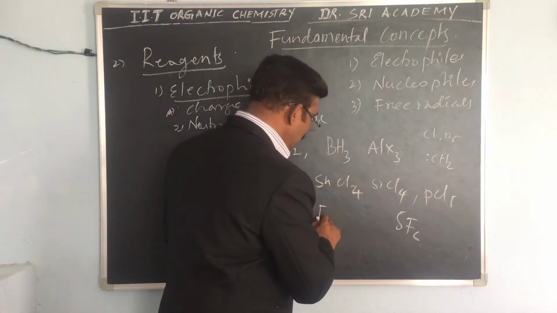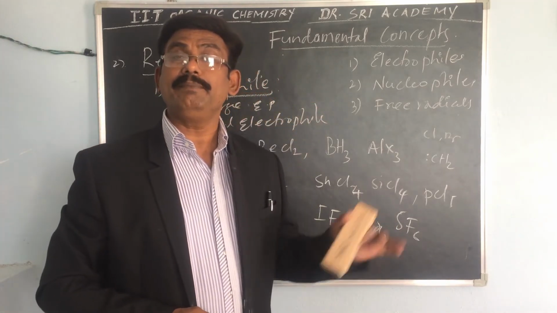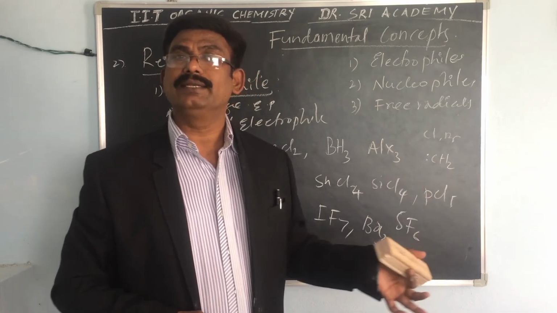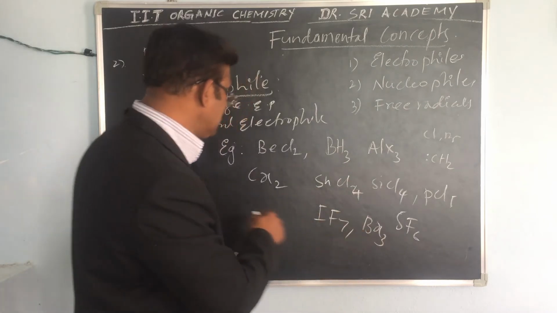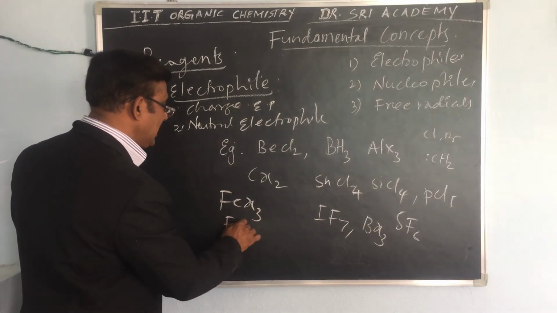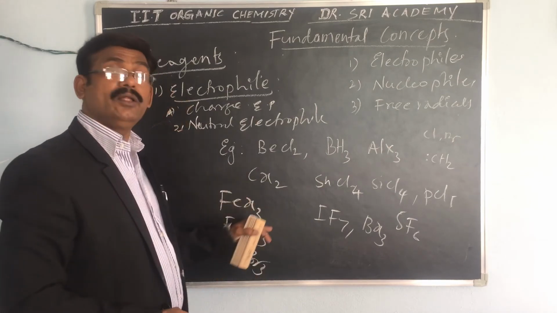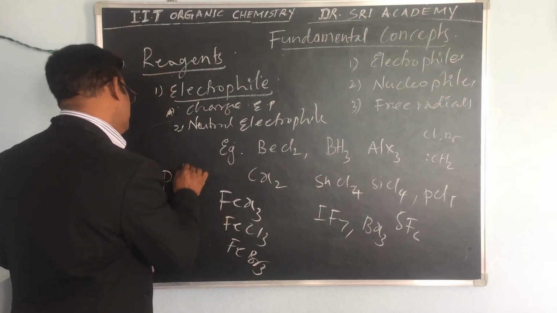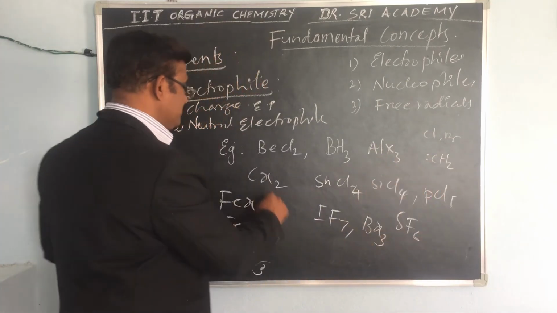BX3 means boron trichloride, boron trifluoride, boron tribromide. And FeX3: ferric chloride. You can say FeX3 means FeCl3, FeBr3, all FeX3. And PCl3 also, phosphorus trichloride, and NF3.